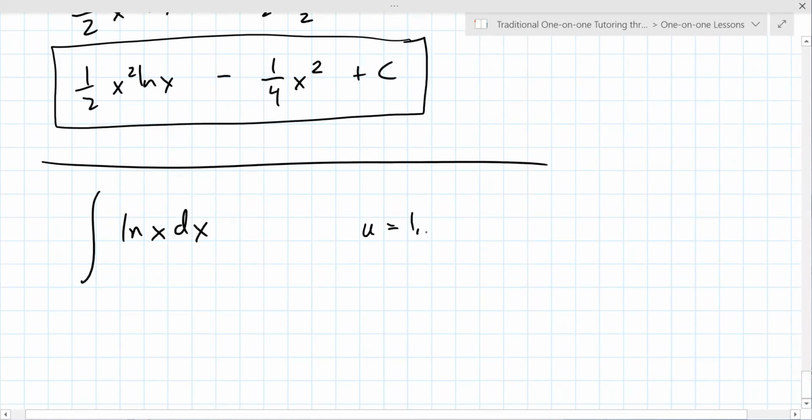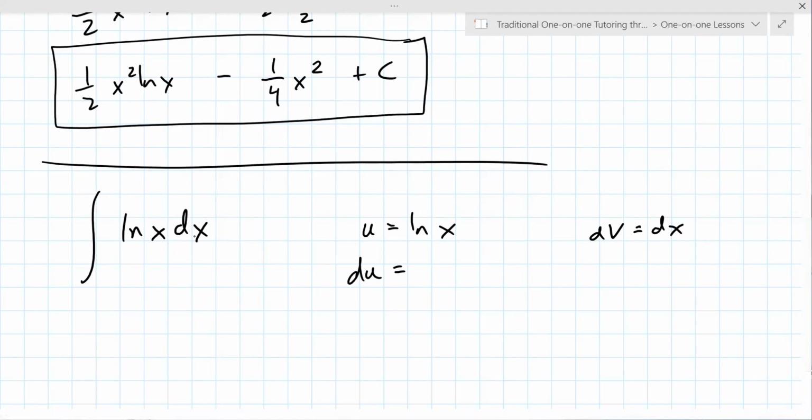So your u is natural log x, and your dv is dx. dv is just dx because there's nothing else with it. You've used up the natural log of x over here, so there's just dx. That's all that's left over.